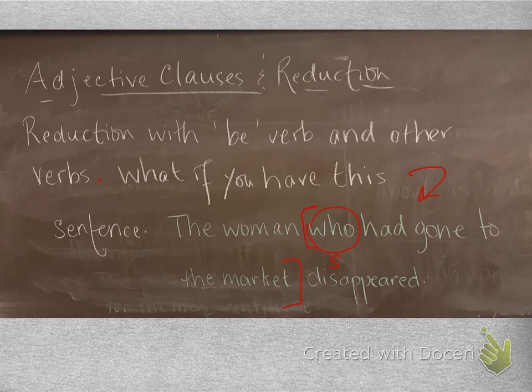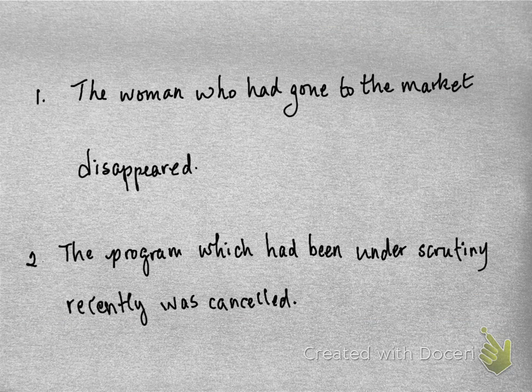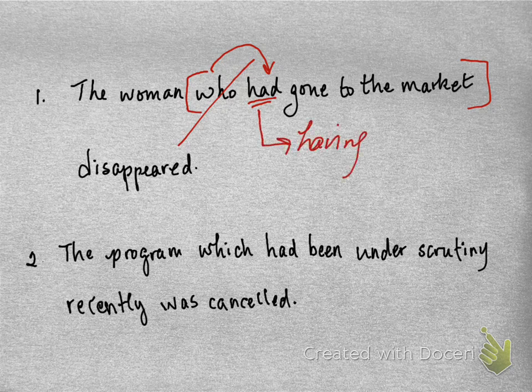Okay, let's go to the next page. So if you reduce that, look at the next verb. It's had. This changes to having, and then you leave the rest. The woman having gone to the market disappeared.